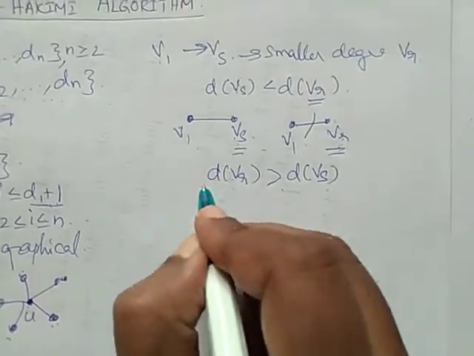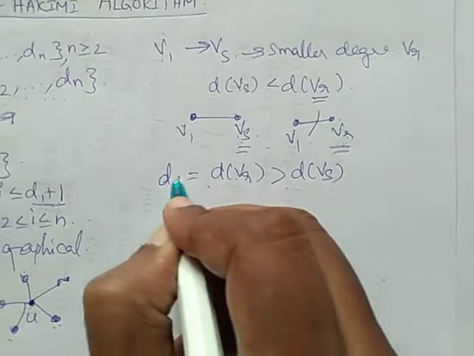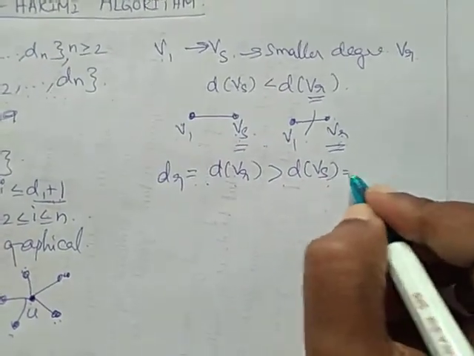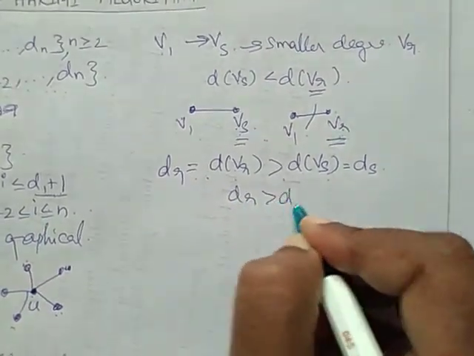Since the degree of Vr is equal to dr and the degree of Vs is equal to ds, it means dr is greater than ds.